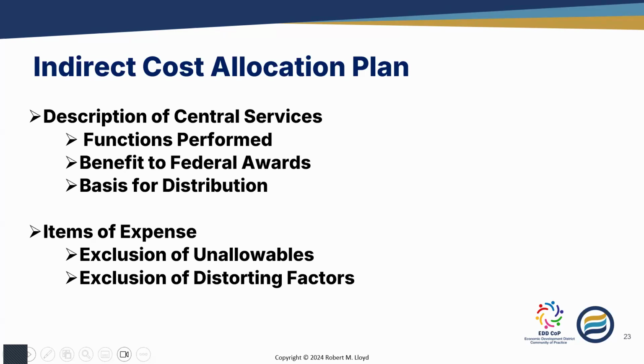Now, what has to go into the submission that would go to a cognizant agency, or that might go to a pass-through entity if you're dealing with them because you don't have a direct relationship with the federal government? The list of components that is presented on slide 25, again, is derived from those guide manuals published by the major cognizant agencies.